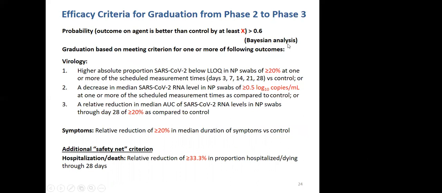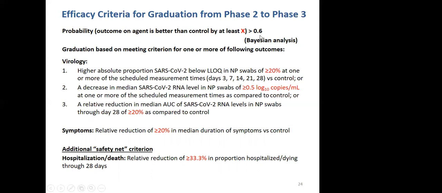But it was based on thinking about probability, so it was a Bayesian-based analysis, looking at posterior probabilities. The outcome for an agent is better than the control, the placebo, by an amount of at least X, and X depends upon the marker you're looking at. So we wanted that probability statement to be greater than 0.6.